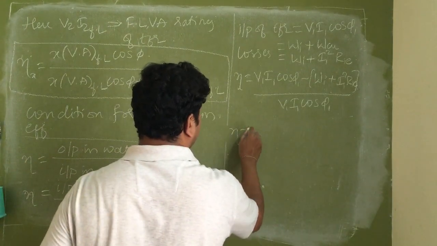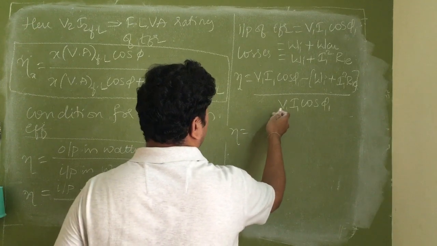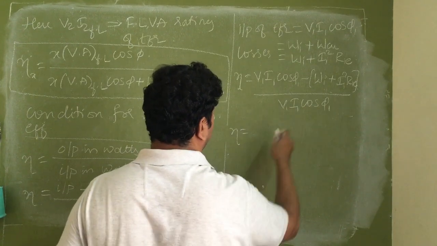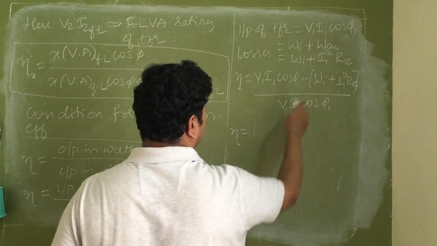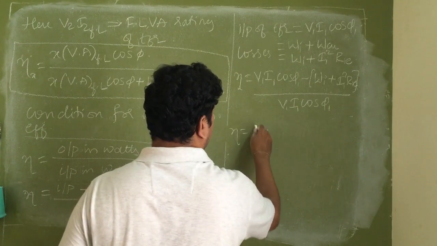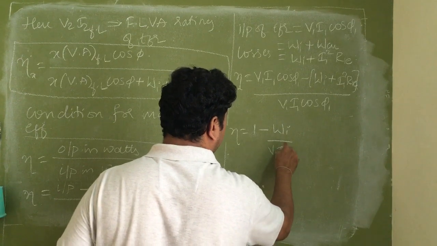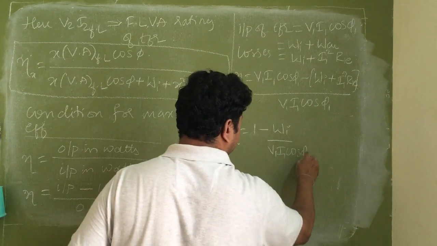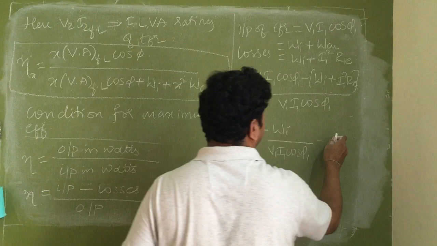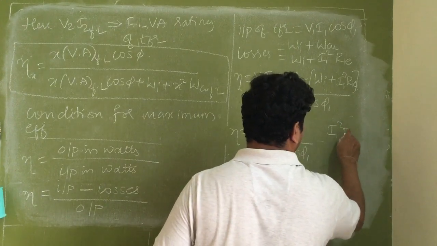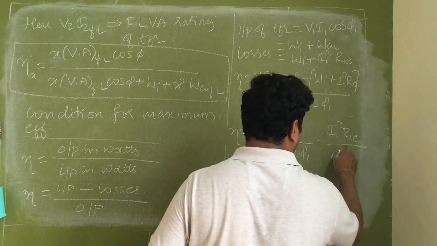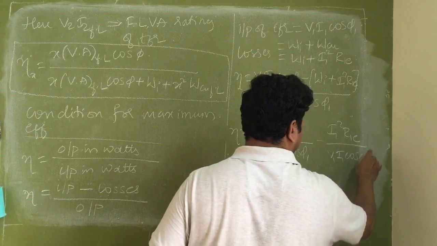Efficiency eta, I will divide V1 I1 cos phi 1 for every term. So eta equals 1 minus Wi divided by V1 I1 cos phi 1 minus I1 square R1e divided by V1 I1 cos phi 1.